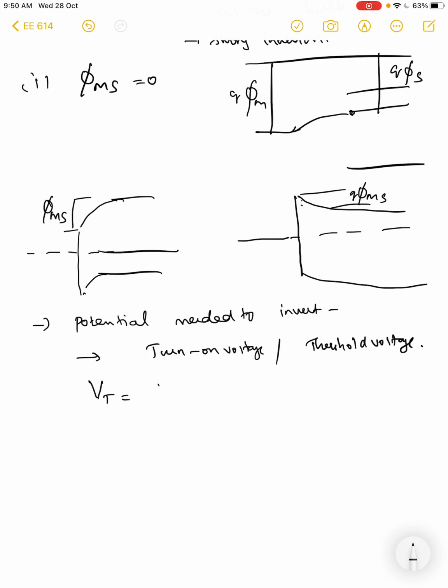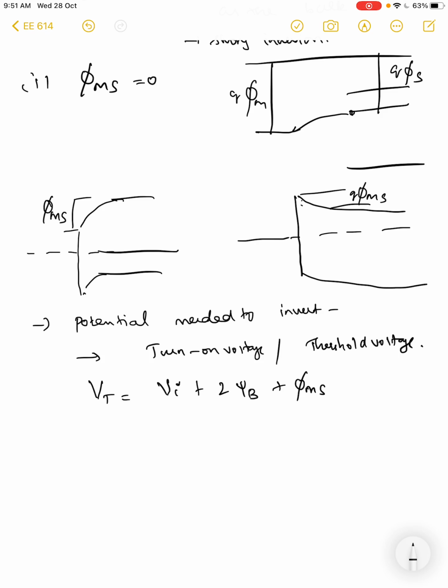The applied voltage is the summation of the potential on the insulator, what we saw before, right, plus twice the separation of the intrinsic level from the Fermi level, plus the difference in the two semiconductor Fermi functions, right?